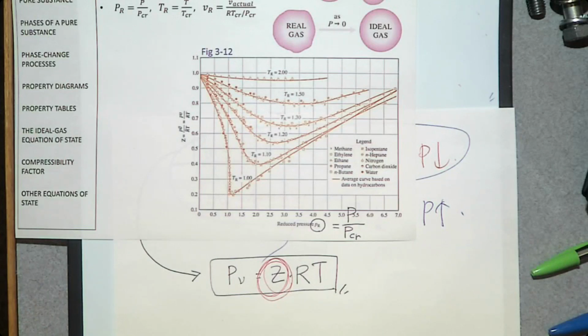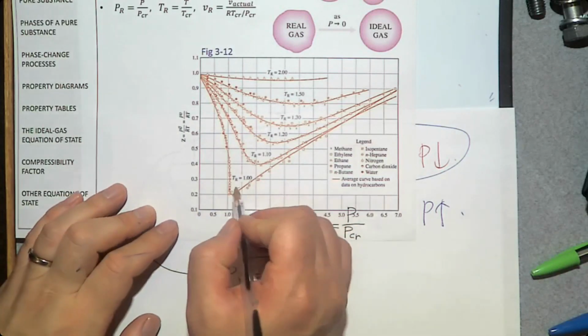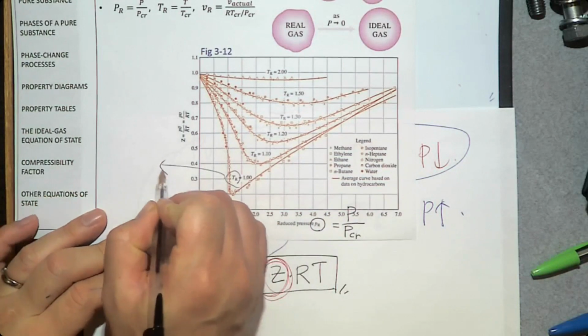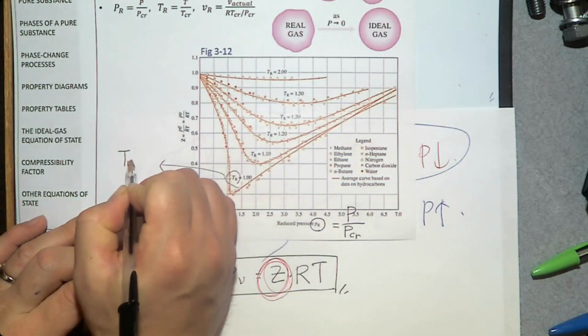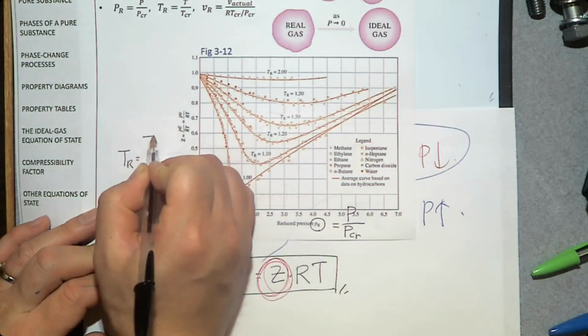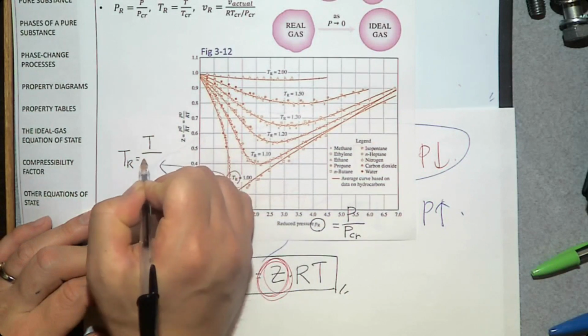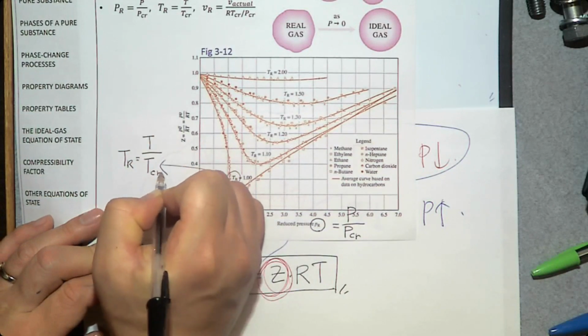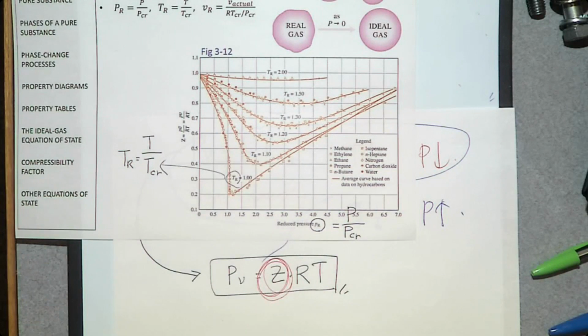And each line represents T_R, reduced temperature. And this reduced temperature can be determined by the actual temperature of the system divided by the critical temperature of the system.